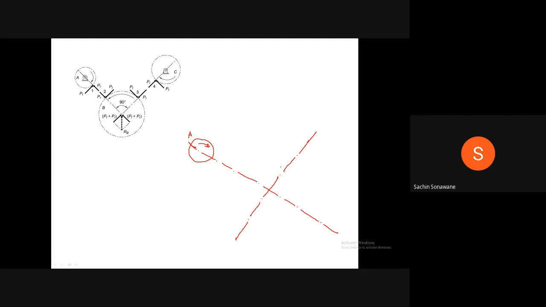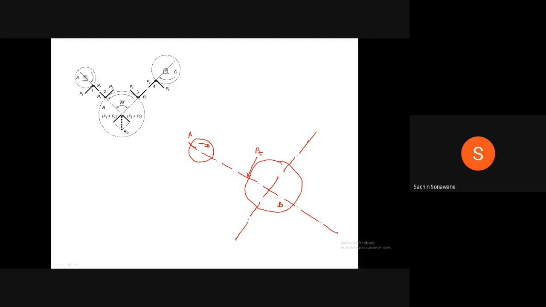Therefore, I will draw gear B here. Gear A, or the tooth of gear A, will exert force on gear B in the clockwise direction, like this. Therefore, the tangential force on gear B is in this direction.